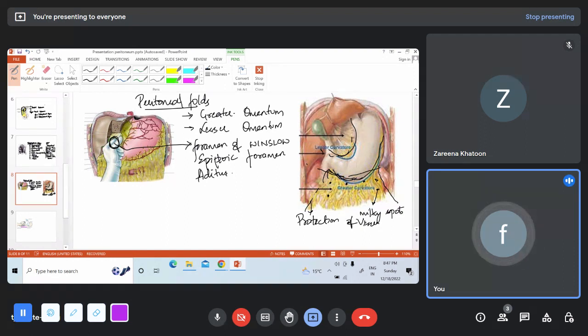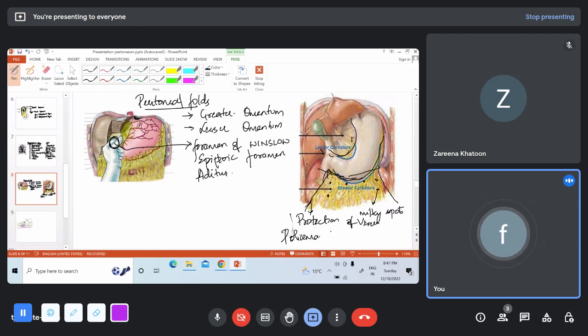Okay, they guard against infection, and the lymphocytes which are present in the normal peritoneal fluid provide cellular and humoral immunological defense mechanism. So that is why this limits the spread of infection, okay. So that is why this greater omentum is called the policeman of the abdomen.